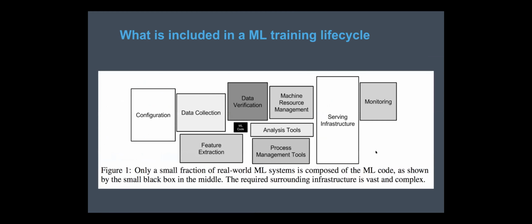But one thing I'm very interested in is, if you look, there are so many technologies, so many components we have to take care of to make machine learning go into production.